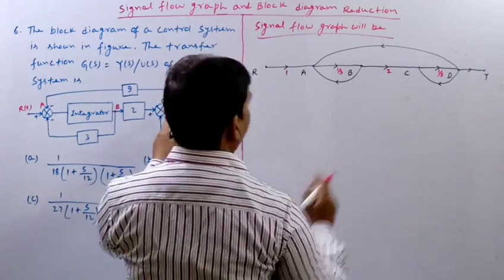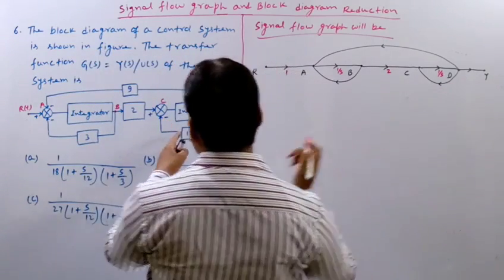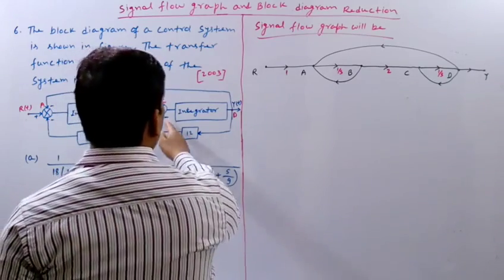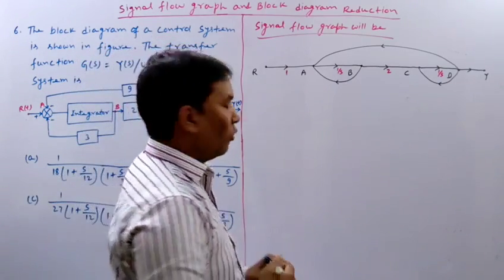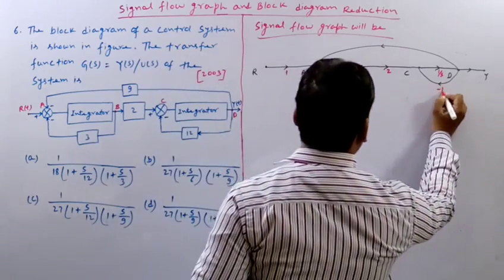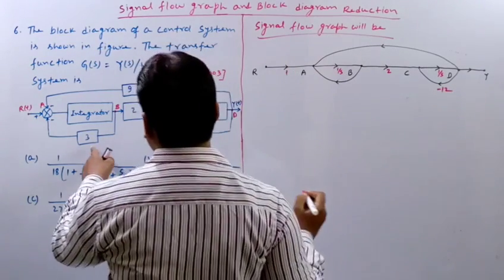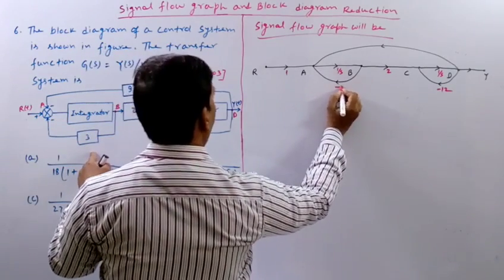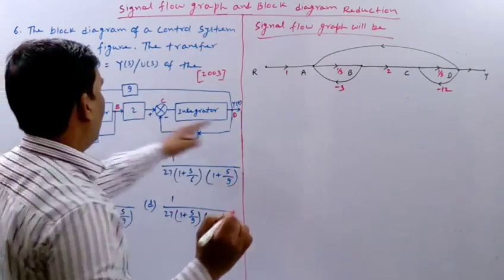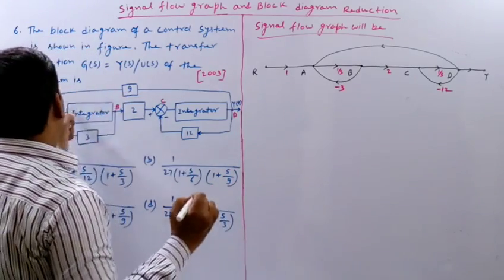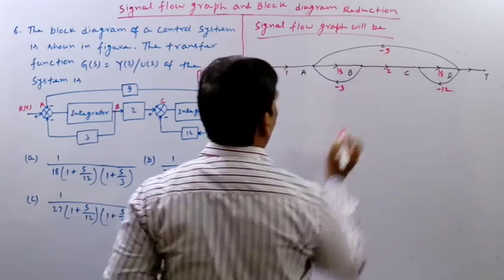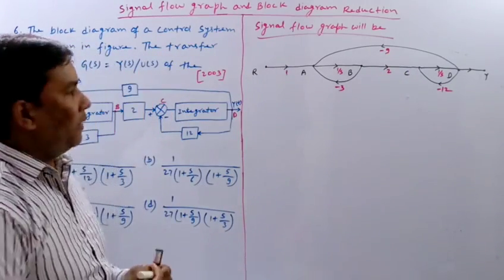From D to C there is a path which has path gain 12, but it is negated because it is in negative feedback, so we denote it by -12. Similarly from B to A by -3, because it is again negative sign. From D to A again 9 with negative sign, so it will be -9. Now our signal flow graph is complete.